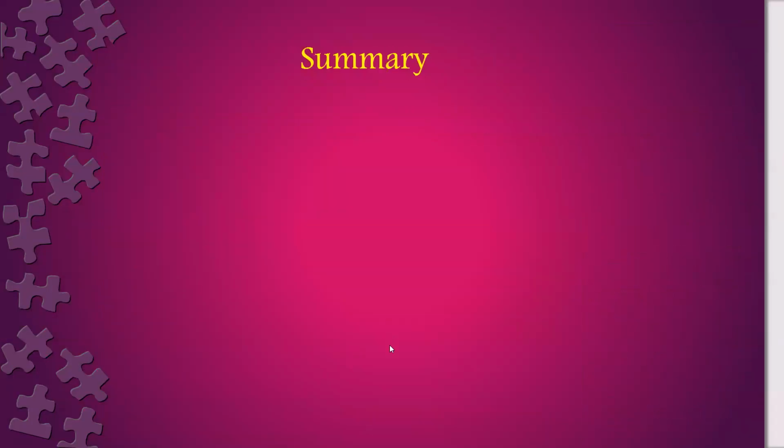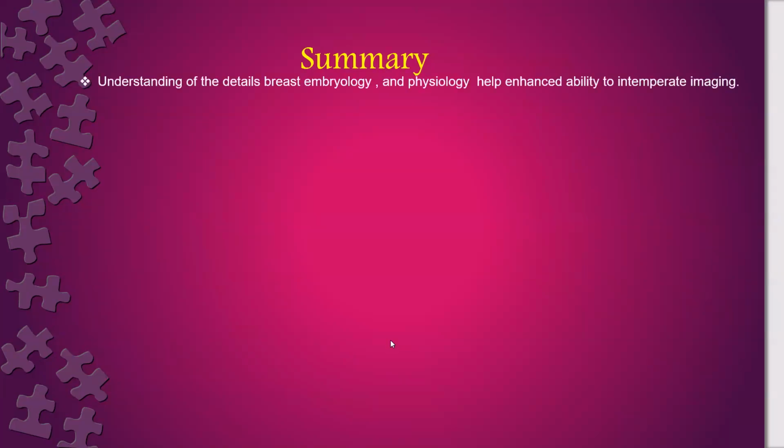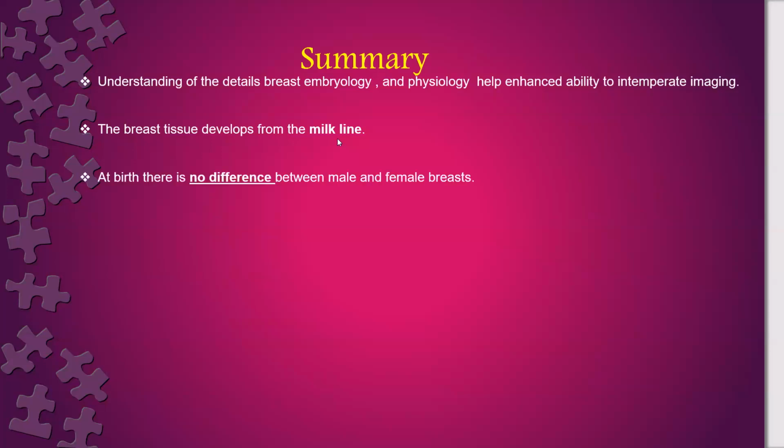So we can conclude our lecture, and we agreed that understanding the detailed breast embryology and physiology will help us to enhance our ability to interpret the image. And we studied that the breast tissue develops from the milk line, which is a band of ectodermal thickening, and at birth there is no difference between male and female breast.